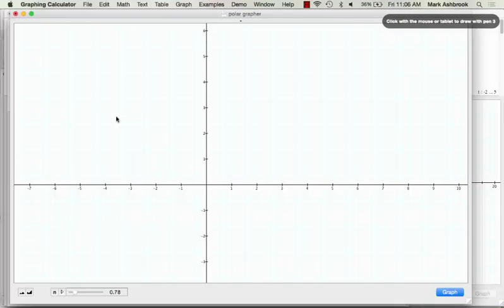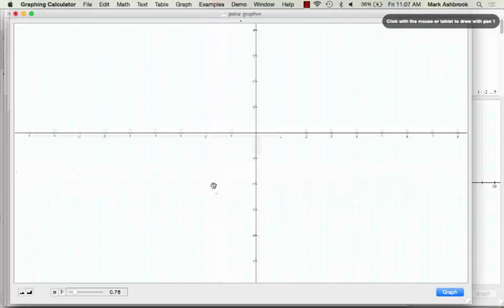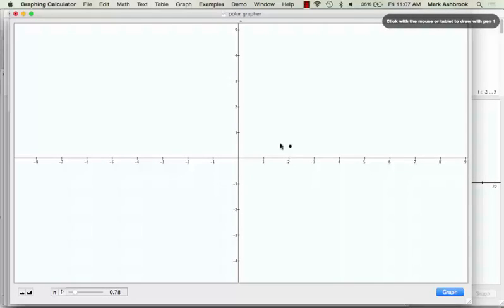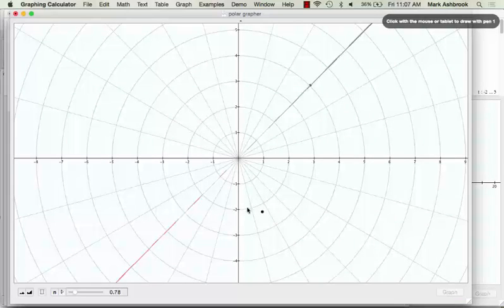Oh, why? So I'll just do it here. It's because my screensaver went on, that's why. Okay, so 2 pi over 3 is, this is not the right thing. It's like right here.